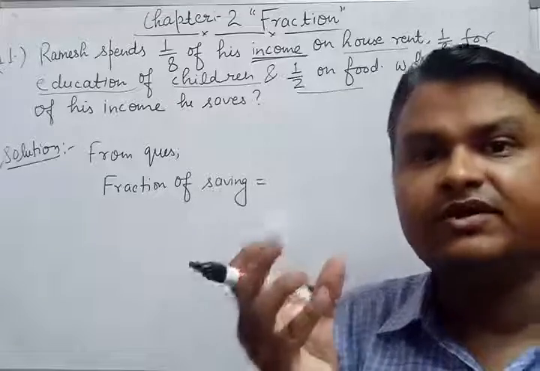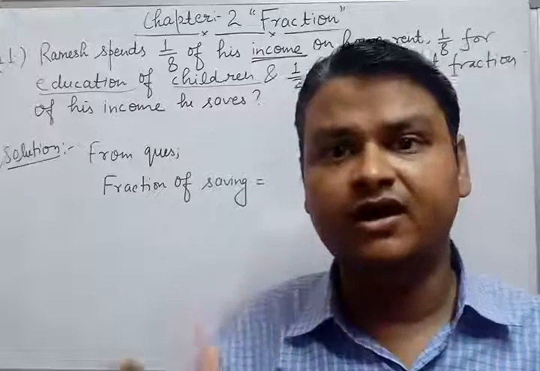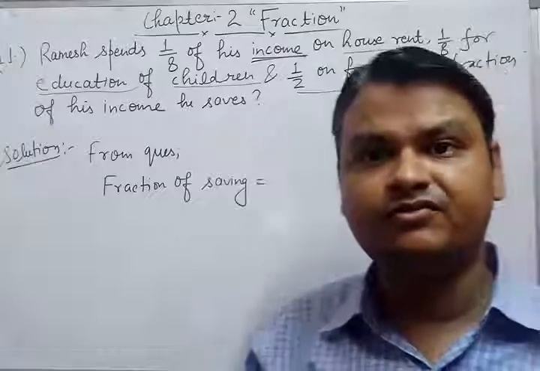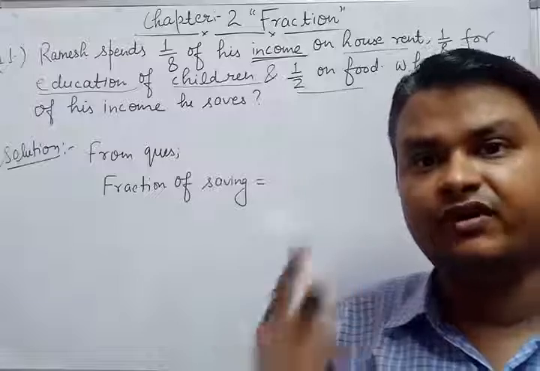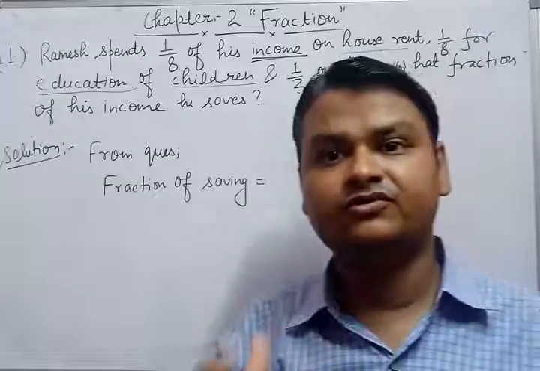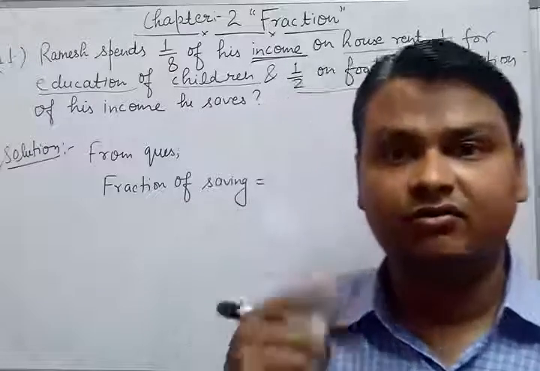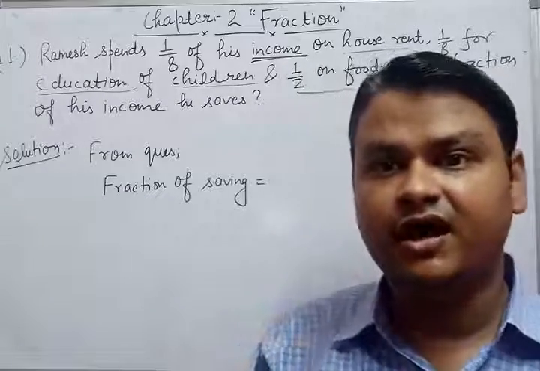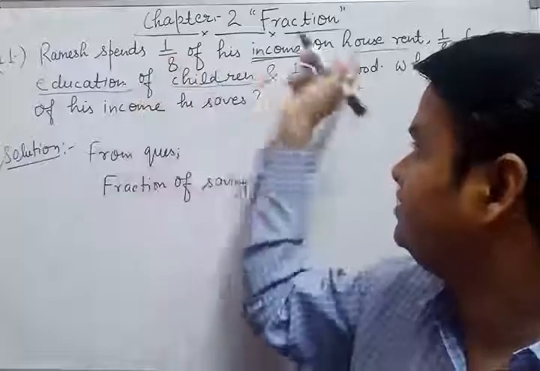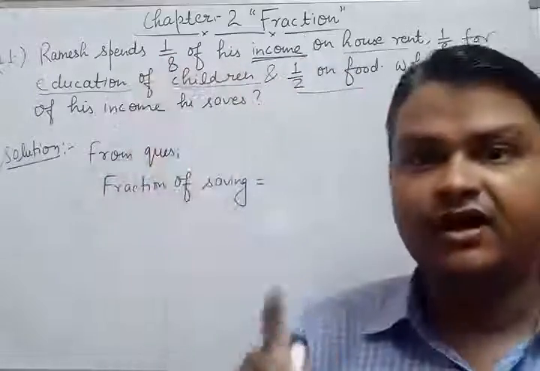It means income is the whole part. Income is the whole part, and to represent the whole you write 1. So suppose 1 is the whole part. It means 1 is the income part, and you have to subtract the sum of all the fractions from 1.